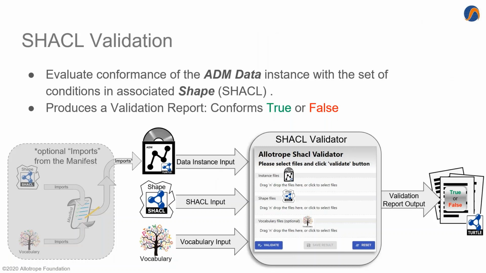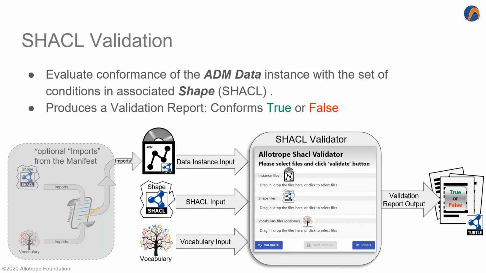Now that we have generated the ADM data instance, we need to validate it. We go into validation. And for this, we have the SHACL validator. The SHACL validator evaluates conformance of an ADM data instance with a set of conditions in the associated shape file.